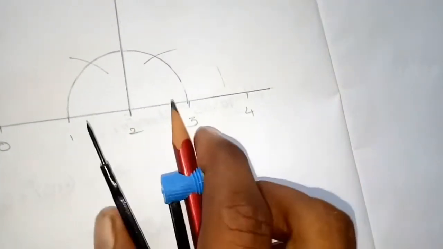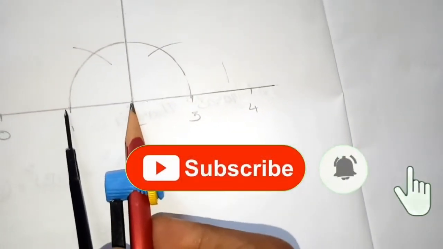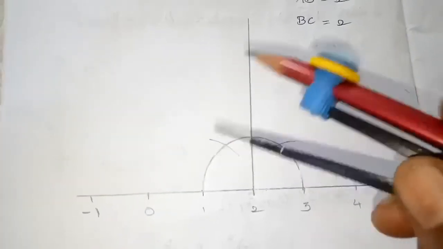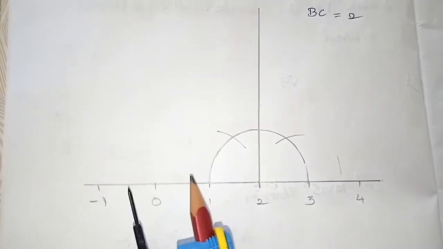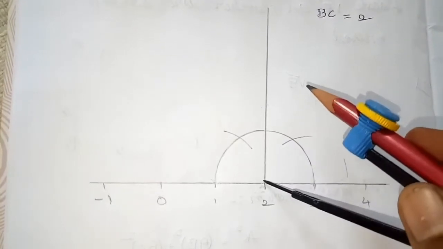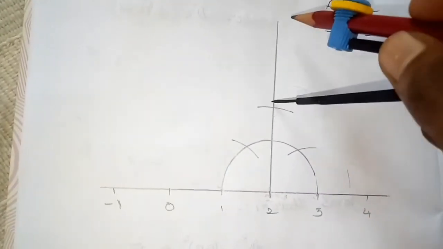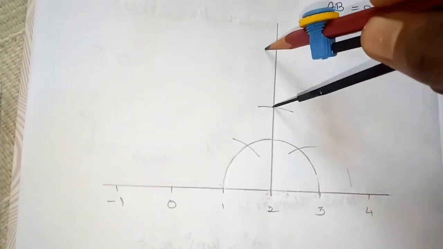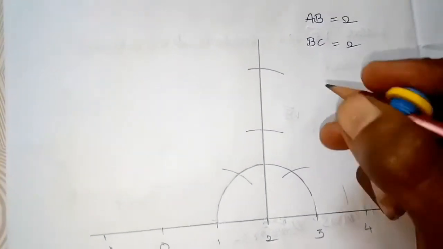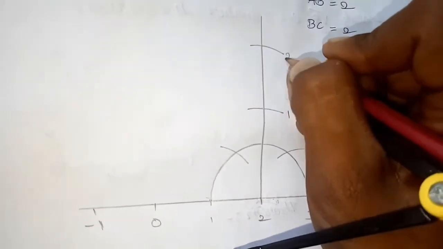We want to take this exact 1 and 2. Now we take exactly this one and this one. Afterwards we take it like this. This is 1 and this is 2. This is 1 and this is 2.